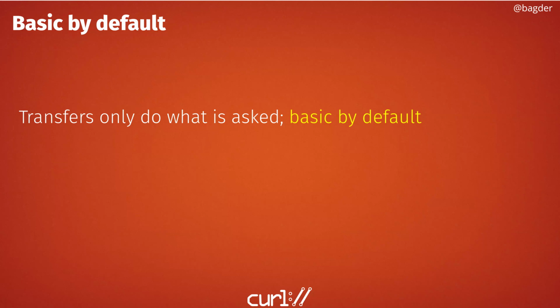When we add new fancy ways of doing transfers, usually we do that by introducing new options that allow you to opt into those new fancy ways of doing things. So when you write your application and upgrade libcurl over the years, it doesn't change the transfers unless you opt in to use the new fancy features by setting new options that we introduce.